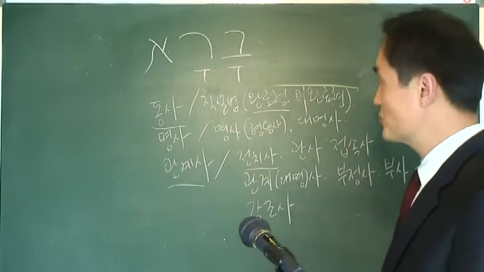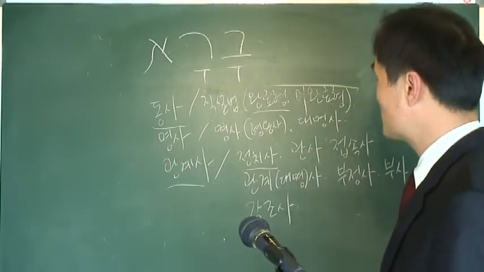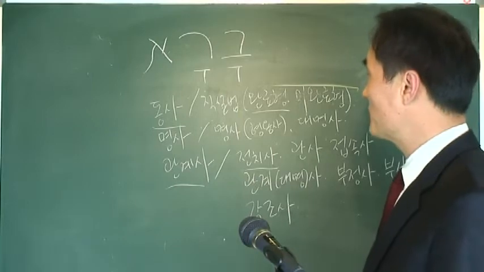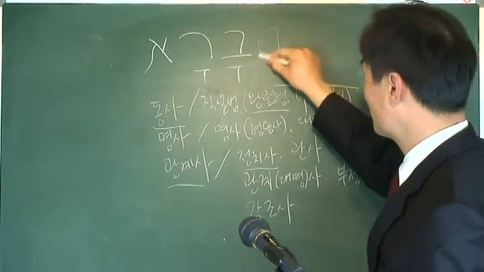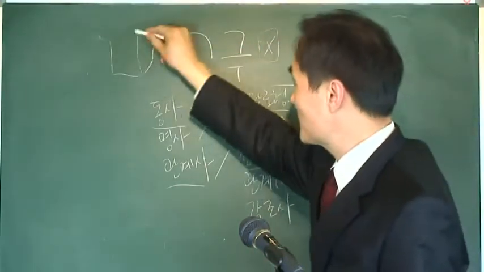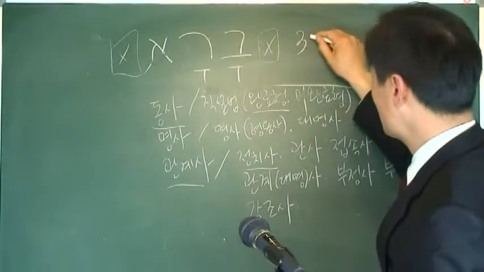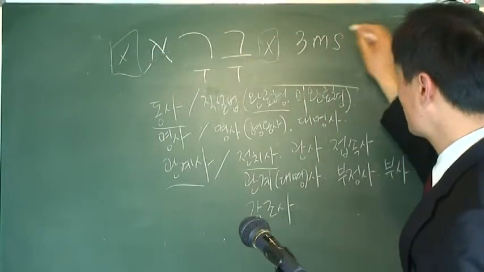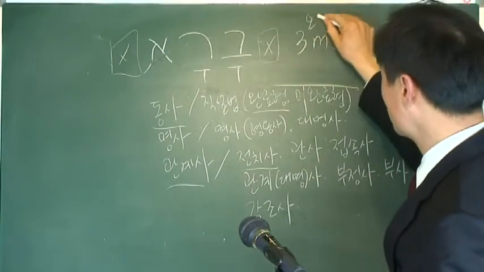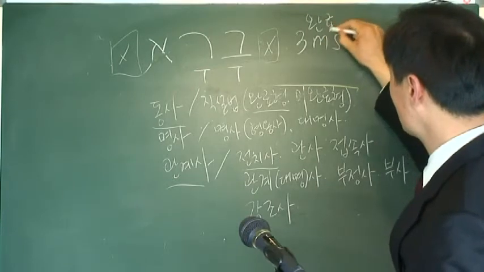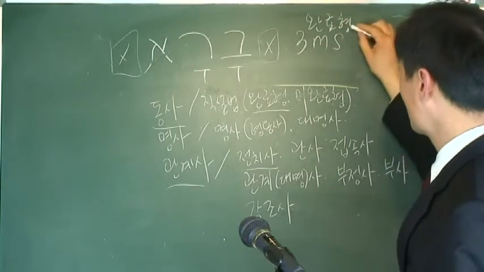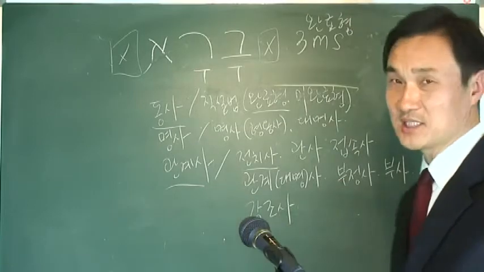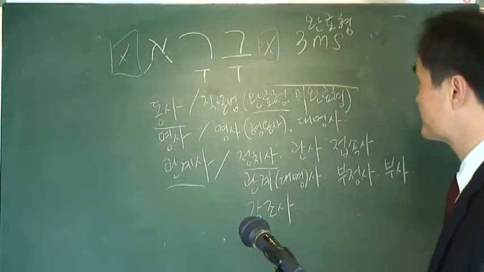We learned that a word with the person, gender, and number of a perfect form that is without a prefix or suffix is in the third person masculine singular form.